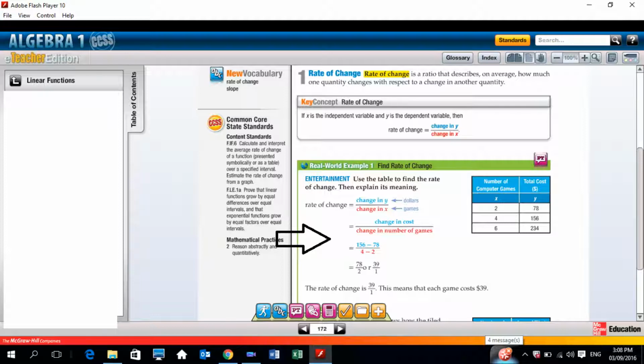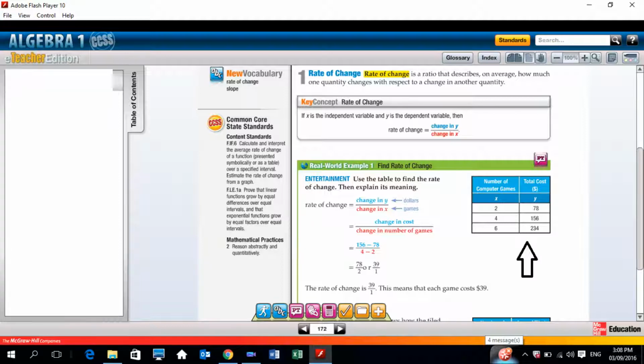In the real world example, entertainment, in this table they were talking about a number of computer games and total cost. So it's a comparison between both. The first value was two computer games at a value of $78, and then 4 at a value of 156, then 6 at a value of 234.